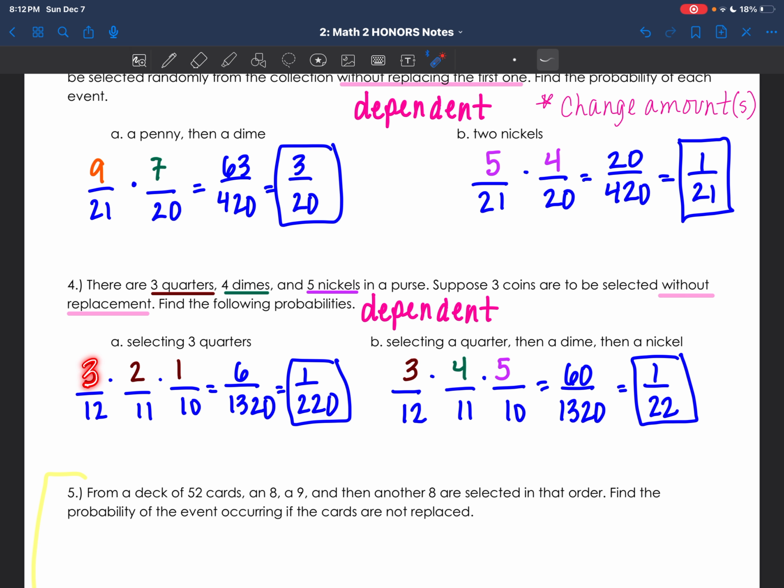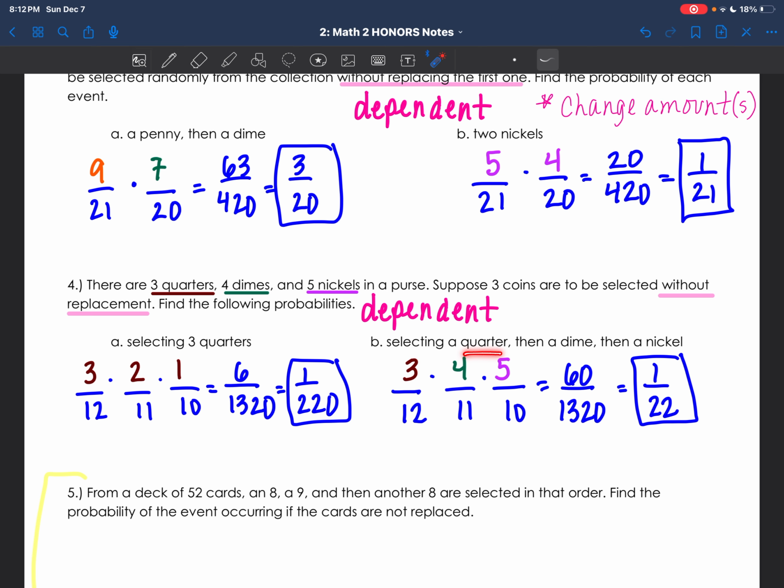So the first option, I've got 3 out of 12, because that's the total number of coins we have. But if I don't replace one of those quarters, I'm now left with 2 quarters out of 11. And then if I didn't replace either of those 2, now I only have 1 quarter left out of 10. And you multiply, simplify, and you'll get 1 over 220.